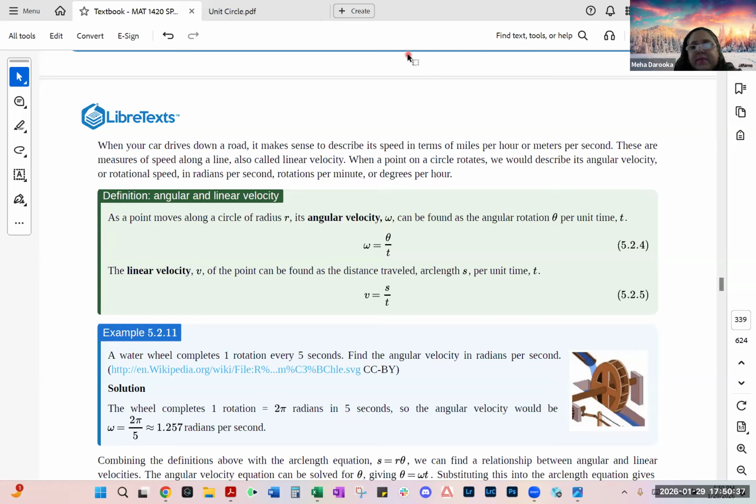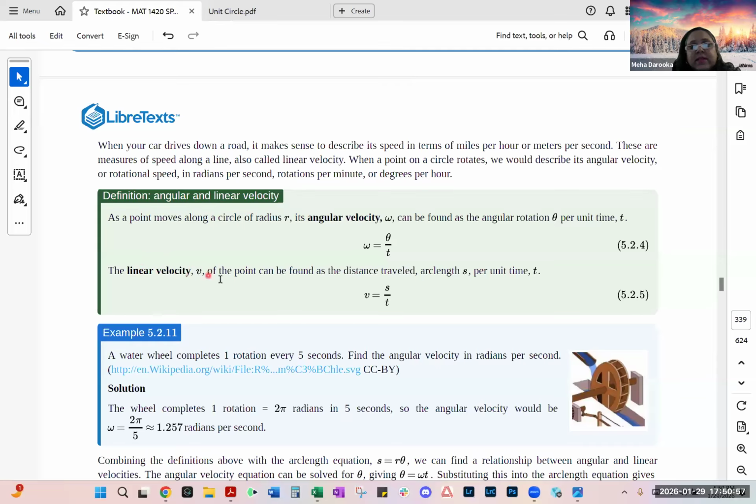And of course, time can be in hours, minutes, seconds, depending on what example you're looking at. So that would be theta divided by t, and that's going to be your angular velocity.